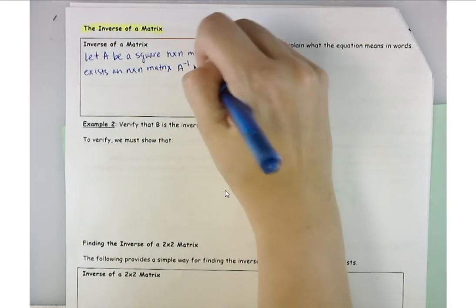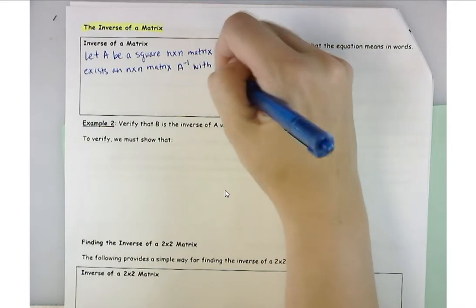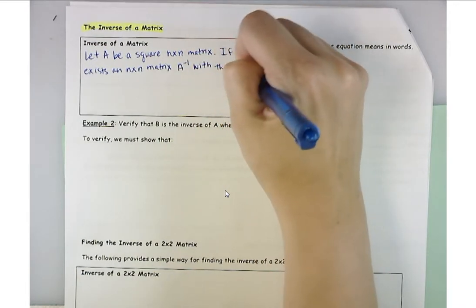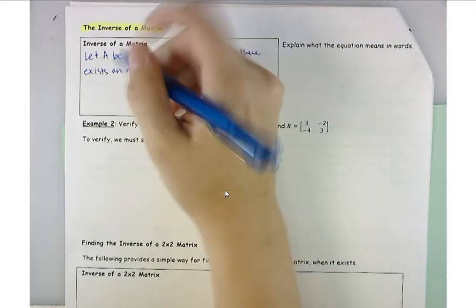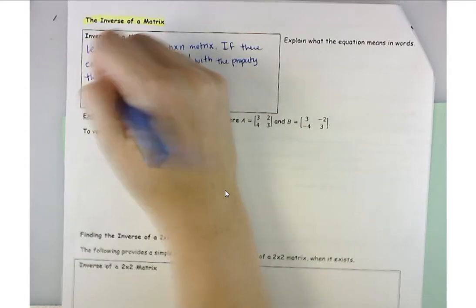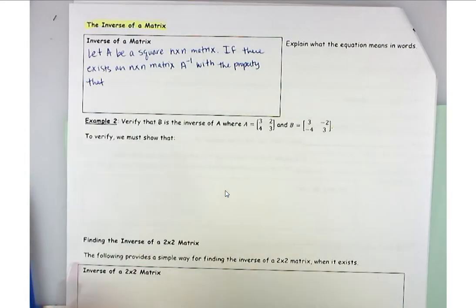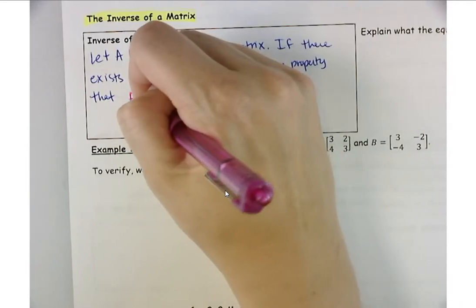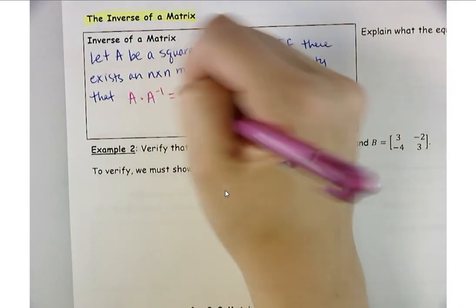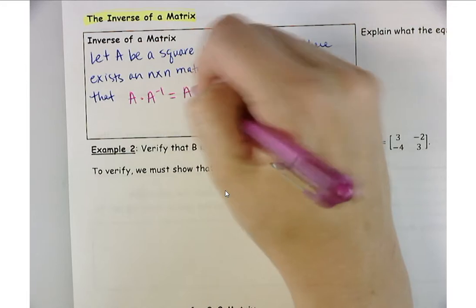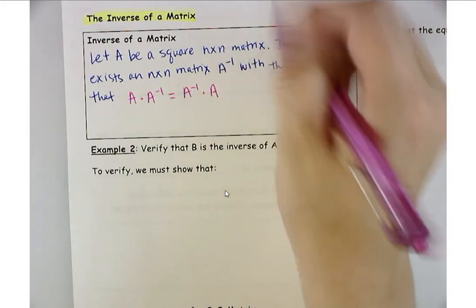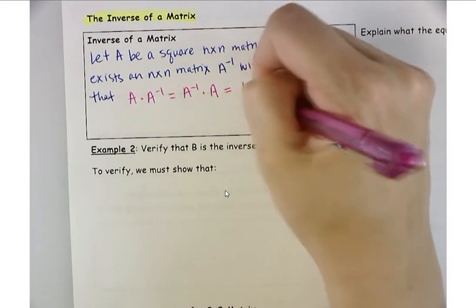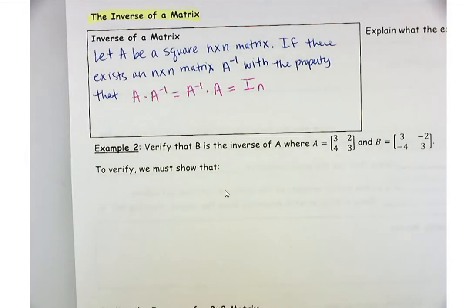And this is going to be with the property that A times the A inverse is going to be equal to the inverse times the matrix A, and both of those would result in the identity matrix.